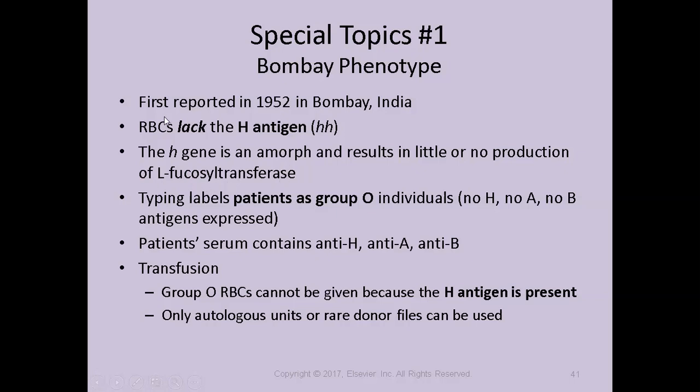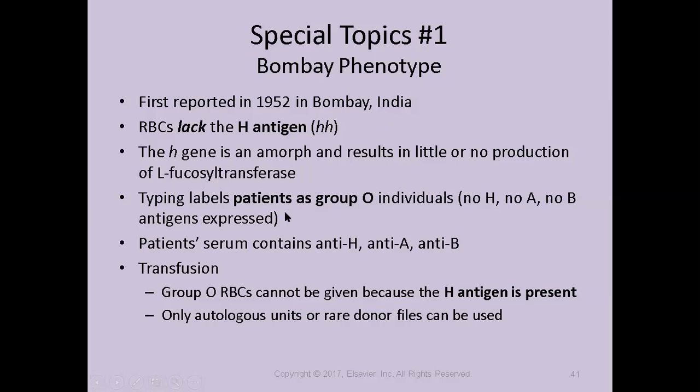Okay, so they type as O because they don't have H. Remember, we need big H antigen for A and or B to link onto to make those antigens. Okay, so even if they inherited A and or B alleles, they will not be expressed. Those sugars have no building block to add on to since there's no L-fucose with the H.